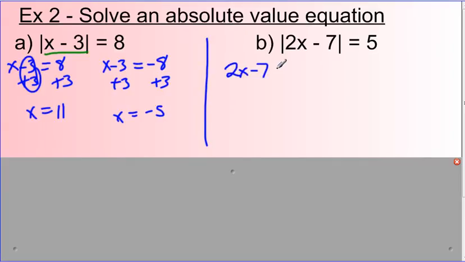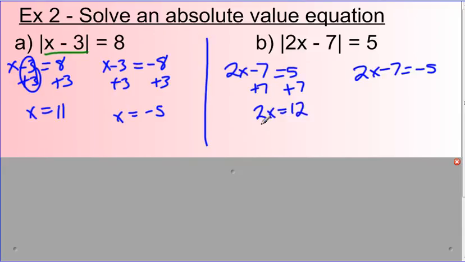2x minus 7, this stuff could be a positive 5, and we would be true. Or the 2x minus 7 could possibly equal a negative 5, because the absolute value of negative 5 is 5, and it would work out that way. So now we just solve both problems. I'm going to add 7, 2x equals 12, divide by 2, cancel, x equals 6.